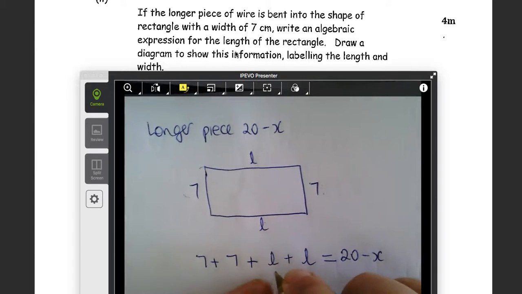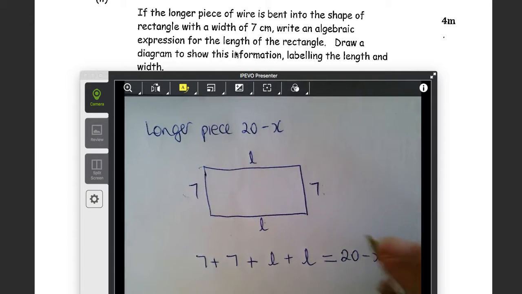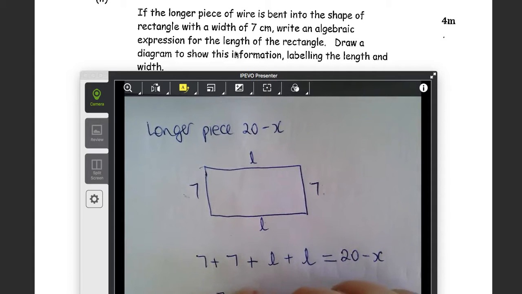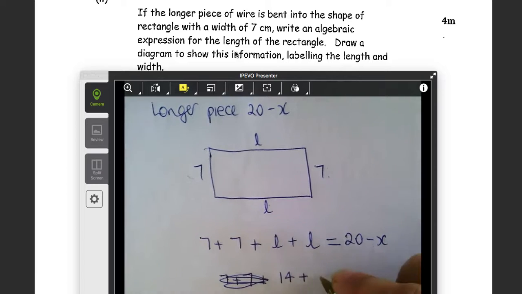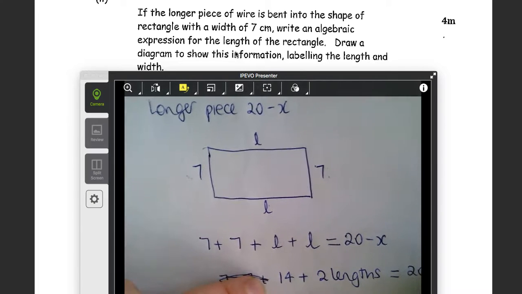Can I write it as 2 lengths or L plus L? What would you like? 7 plus 7 plus the lengths, it's like the perimeter. So what's 7 plus 7, girls? 14. So 14 plus 2 lengths equals 20 minus X.